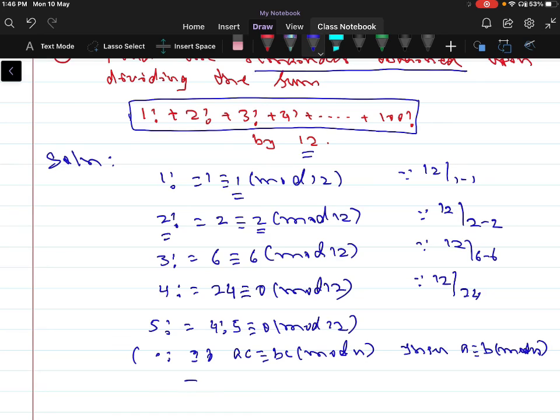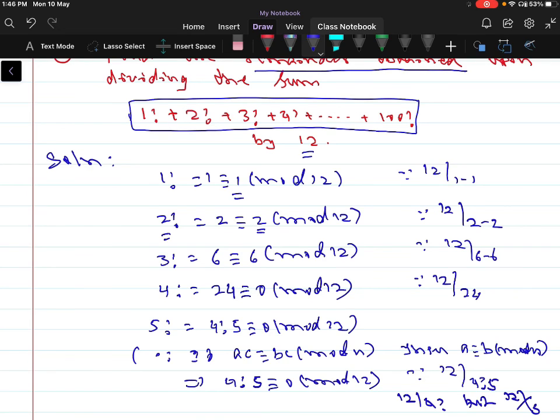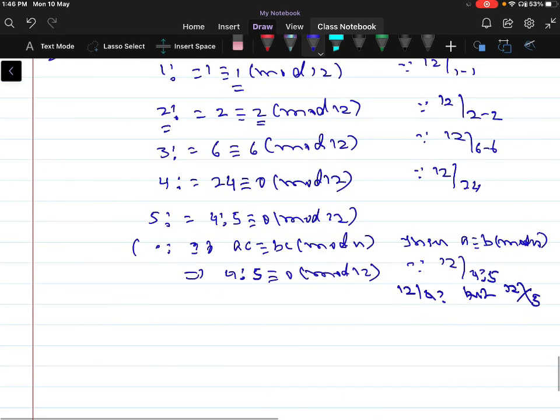So 4 factorial into 5 is congruent to 0 modulo 12, since 12 divides 4 factorial into 5. Here you can observe that 12 divides 4 factorial, but 12 does not divide 5. So therefore you can write 5 factorial, which is 4 factorial into 5, is congruent to 0 modulo 12.